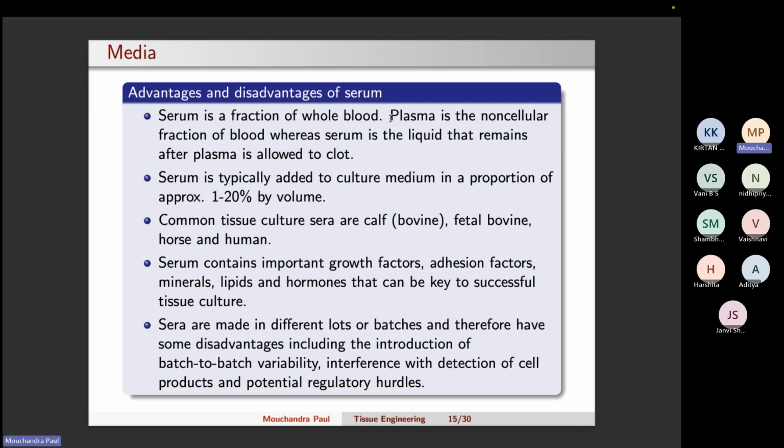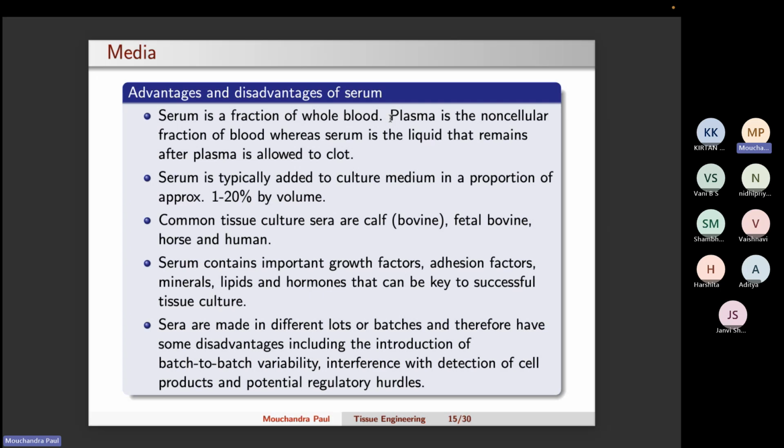This serum we typically add around 1 to 20% by volume to our media. In our lab we use 10% serum in our media.